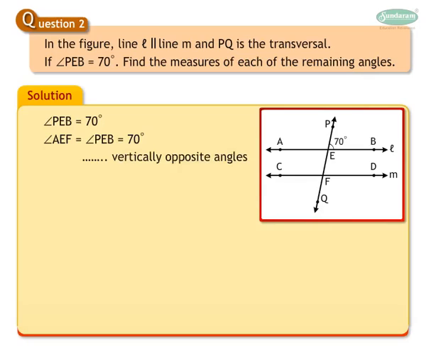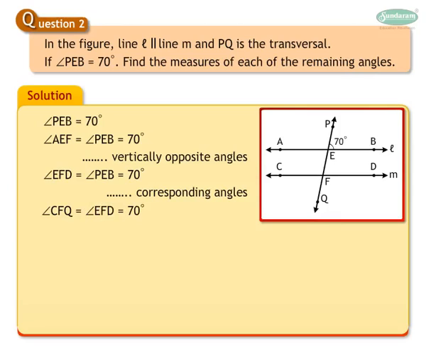Now, angle EFD is corresponding to angle PEB, so they are equal. Thus, angle EFD is equal to angle PEB is equal to 70 degrees. Again, angle CFQ is vertically opposite to angle EFD, so they are equal. Thus, angle CFQ is equal to angle EFD is equal to 70 degrees.